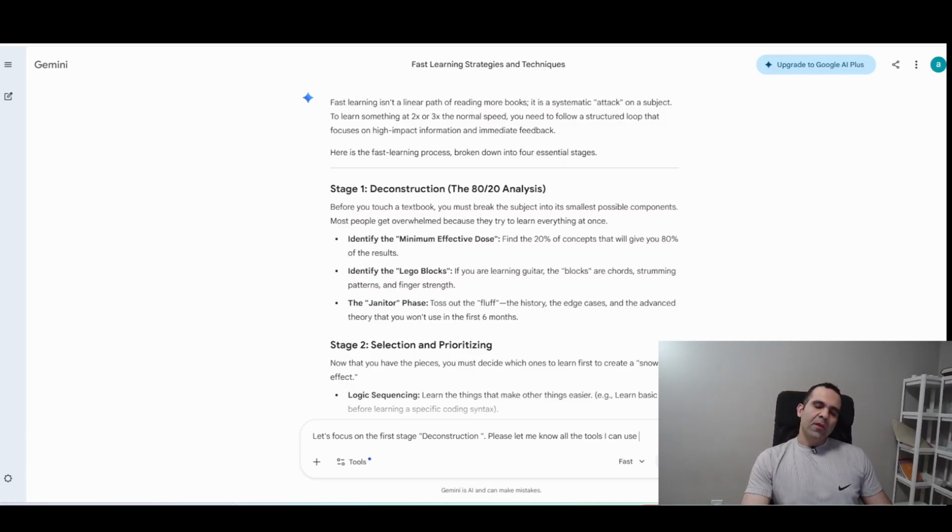We don't have nature and human, because human is ourselves, but we might have tools and techniques there. So let's focus on the first stage, deconstruction.